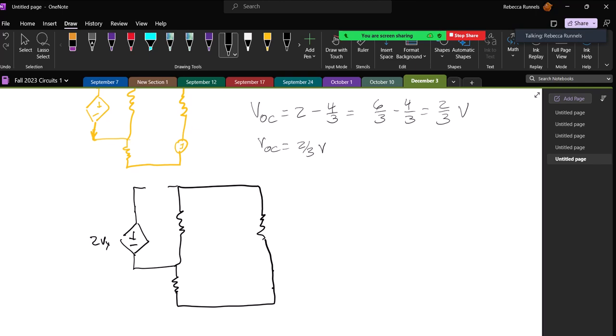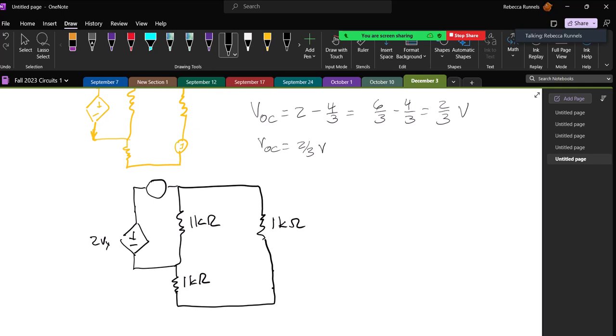And I'm going to use the external source method just because that's what I'm most comfortable with. There is no good way of doing it when you have a dependent source.